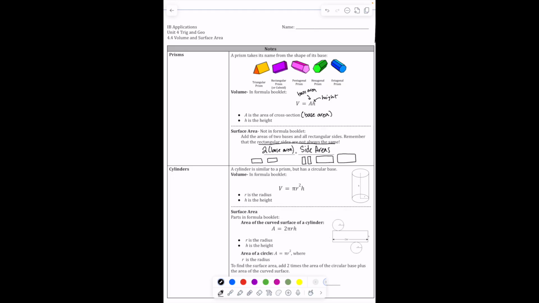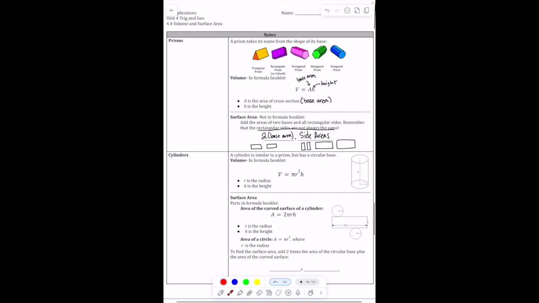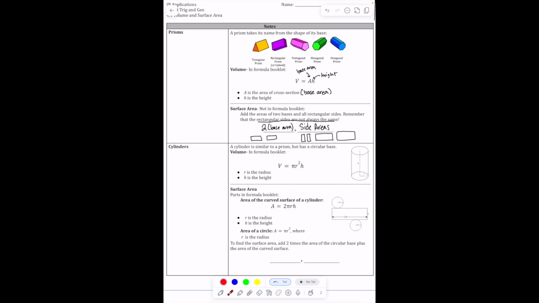And if it wasn't a rectangular prism, we might have more of these side areas, but for a standard rectangular prism that's closed on all sides, we'd have 2 base areas and then add up all the sides. But again, it's going to be dependent on the context to see whether or not we need to add both bases or just one or any other combination.